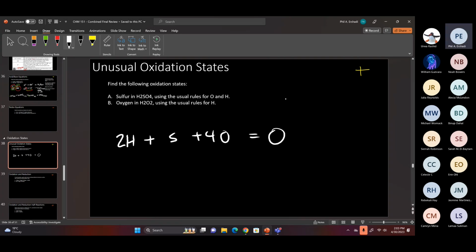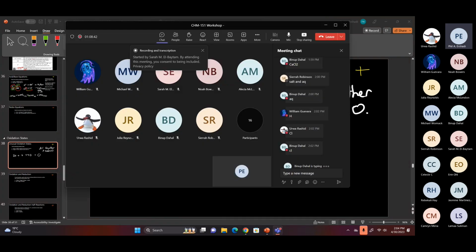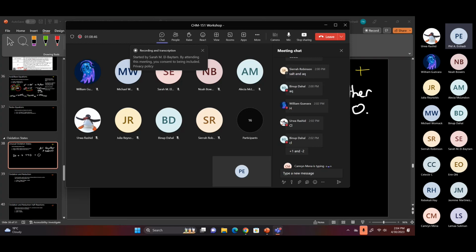All together makes 0. All right, so what is the usual charge for H? What is the usual charge for O? I'll throw that to the chat. What do you folks think? The charge for H and the charge for O. +1 and -2.